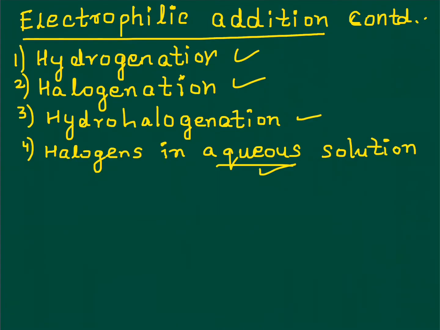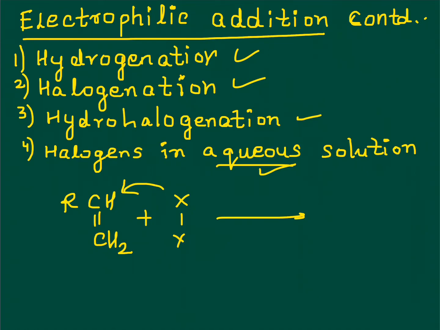And before we go ahead, just touching base on what we learned in the previous video. Electrophilic addition means addition across the double bond. So you have a reagent. That's it, right? So you add across the double bond, with the result the double bond changes into the single bond, right?